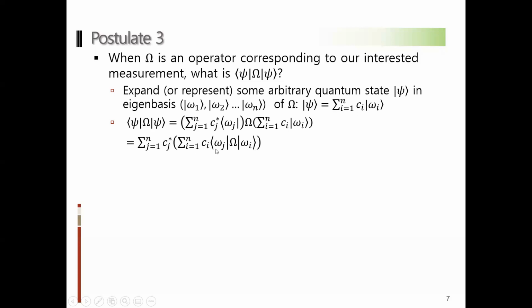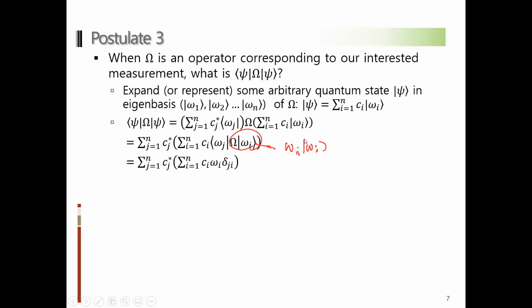And now we know that each omega sub i is the eigenvector of this operator. So if this omega operator is applied on this one, then this combination will be replaced by omega sub i, so this will be omega sub i multiplied by the ket omega sub i. This is a scalar value, and then this bra vector will be multiplied on this one from the left-hand side.